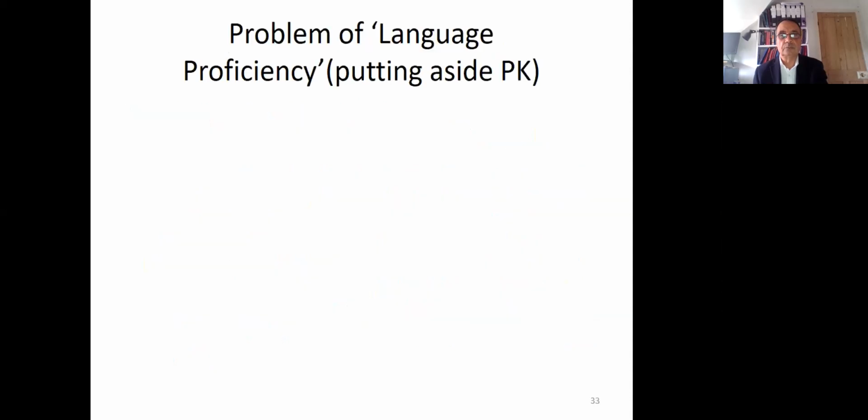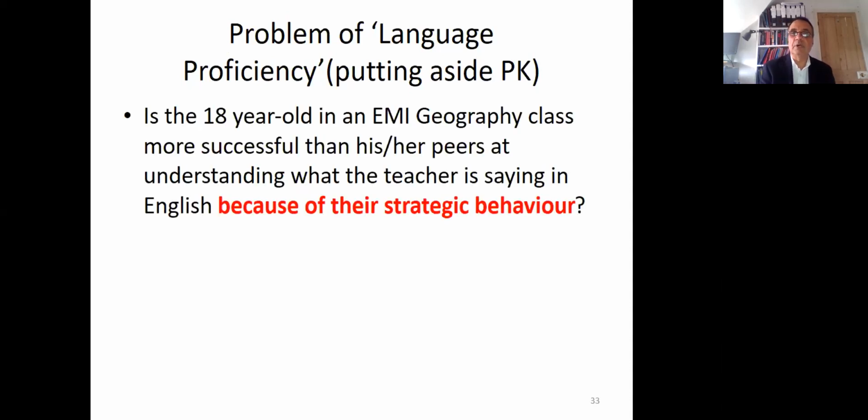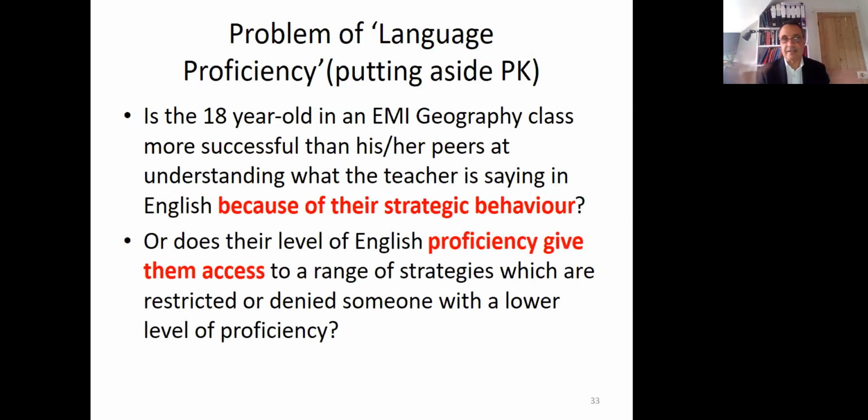So proficiency is a problem generally anyway, because an 18-year-old in an EMI geography class, are they more successful than their peers at understanding what the teacher is saying in English because of their strategic behavior? Or does their level of English proficiency give them access to a range of strategies which are restricted or denied someone with a lower level of proficiency?